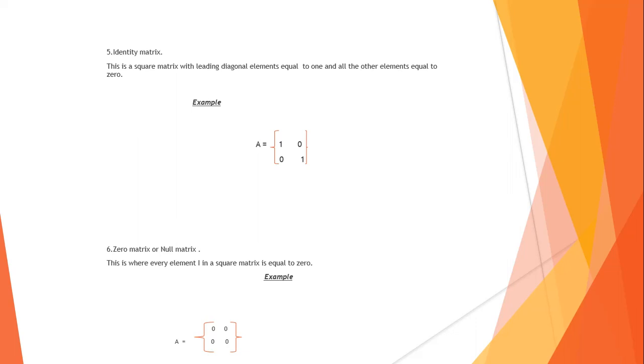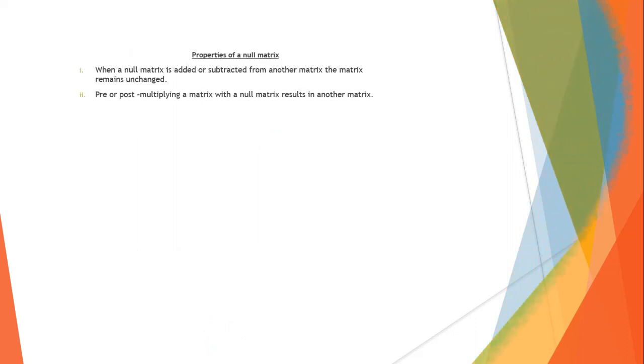Then the elements in it are 0. Of course, the figures in the matrix, in the bracket, are referred to as elements. After knowing that, there are some properties I would like us to note under the zero or null matrix. This kind of matrix has two main properties that it operates under.